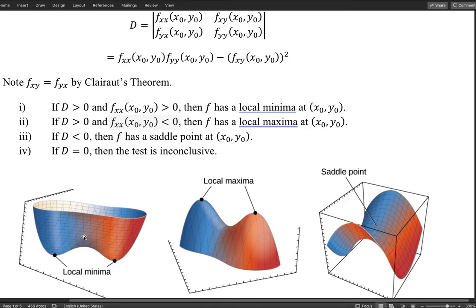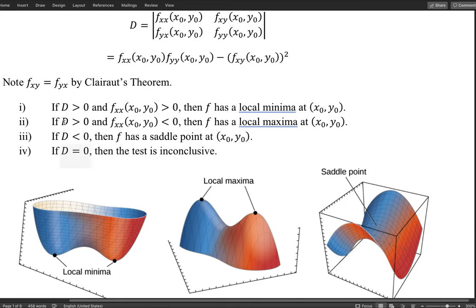So accordingly, you may have the critical point in a lower position, so that is a local minimum. And in the second case, the second order derivative is negative, which means the concavity is opening downward. So accordingly, you may have a critical point at the top, in a high position, so it is a maximum.